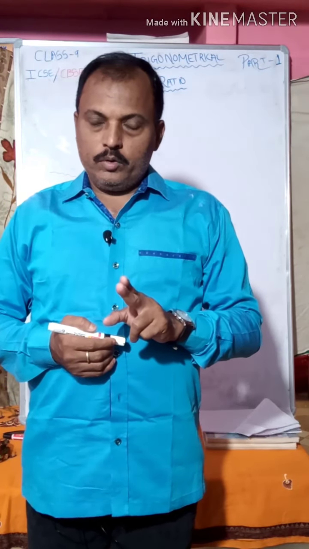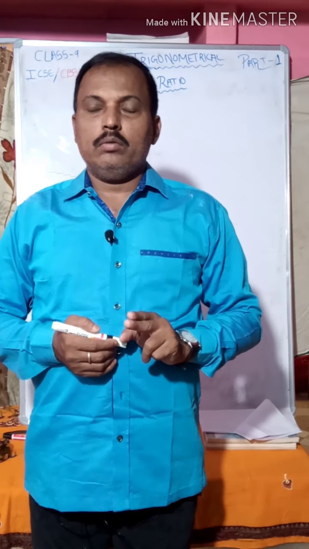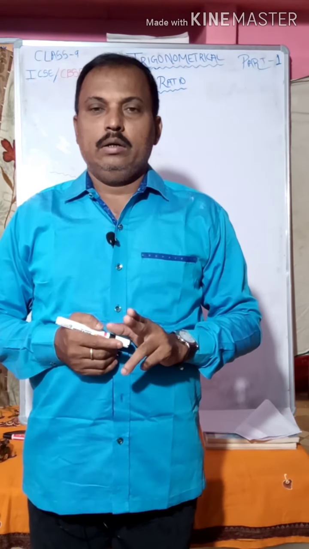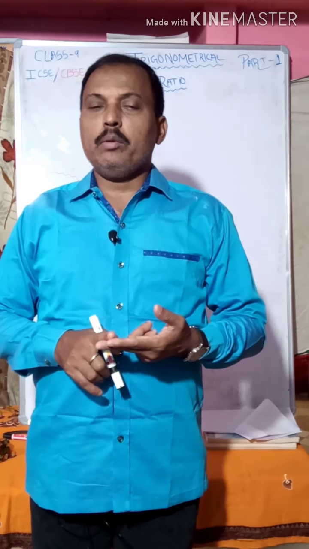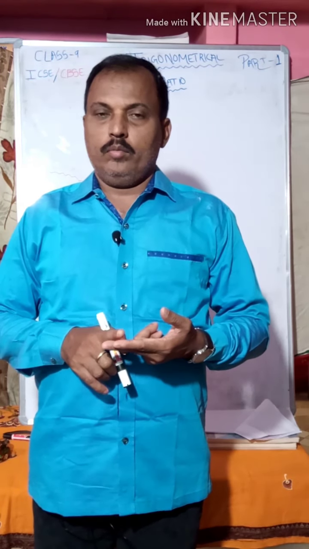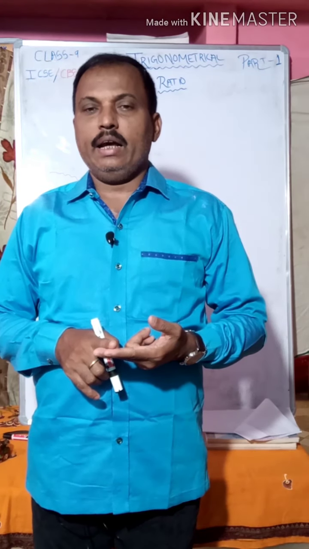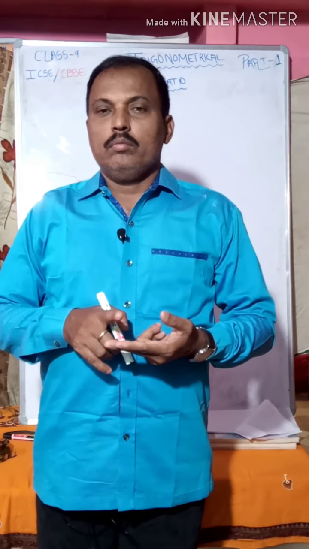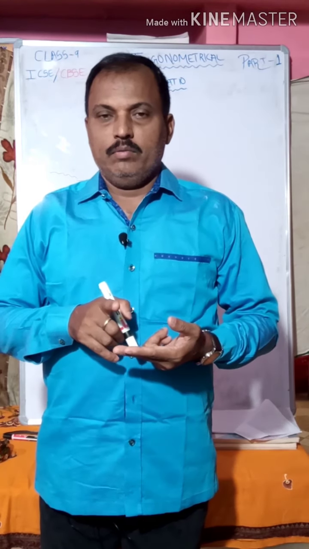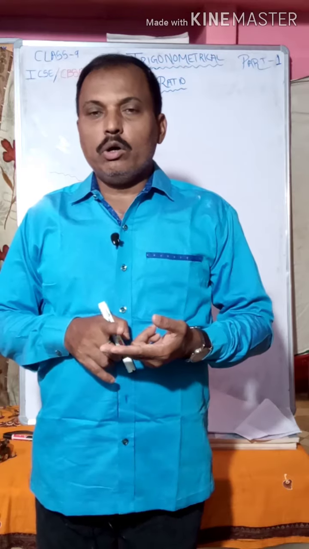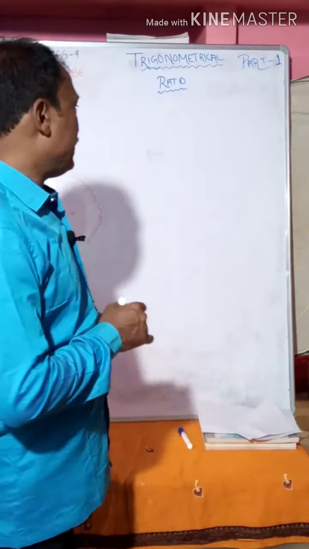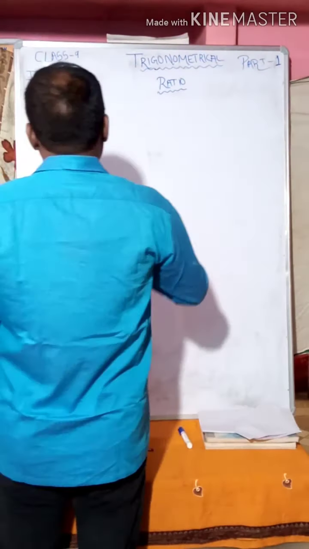You should remember the one main point: trigonometry is nothing but the calculation of 3 angles of a right angle triangle by their sides. That is called trigonometrical ratios. There are 6 trigonometrical ratios.